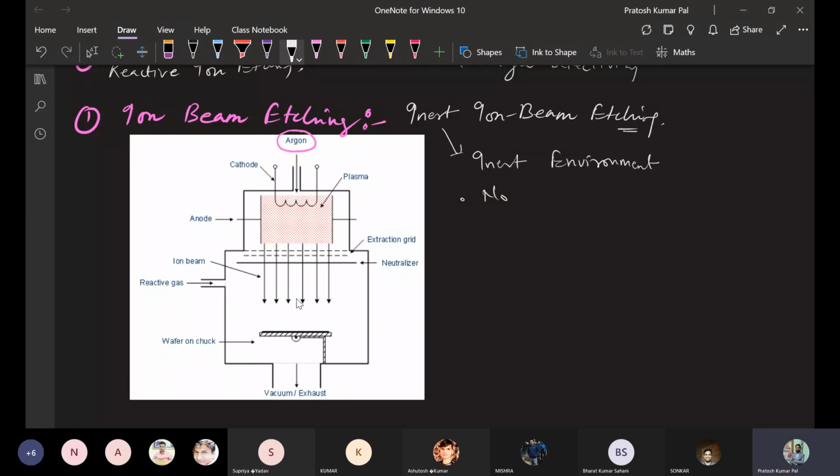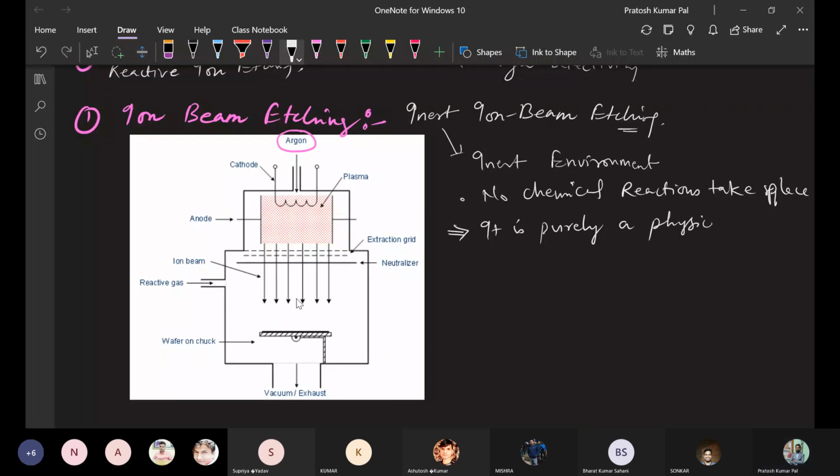That implies it is purely a physical type of etching. There will be no chemical reactions taking place.